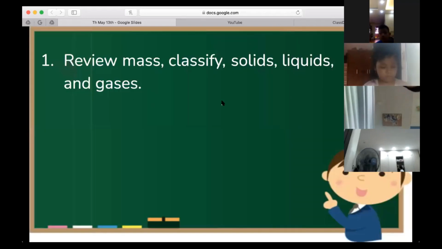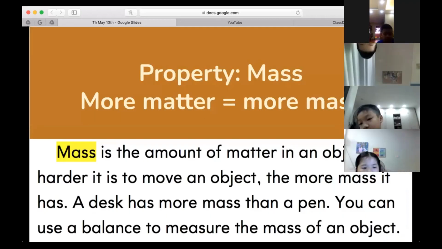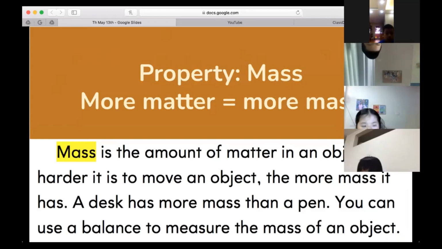All right, review, mass, classify, solids, liquids, and gases. First of all, everyone, go ahead and unmute and say, classify. Okay. Banana, can you please read the orange box? Property mass. More matter equals more mass.